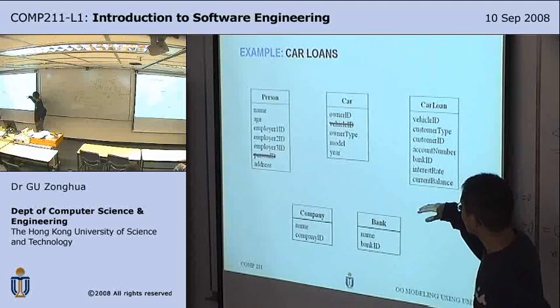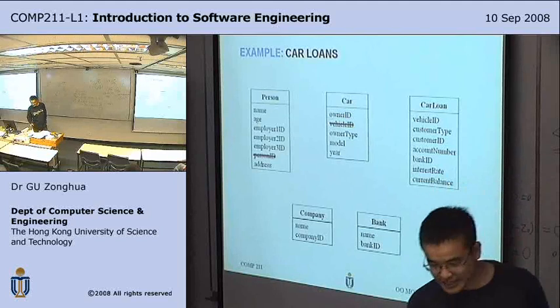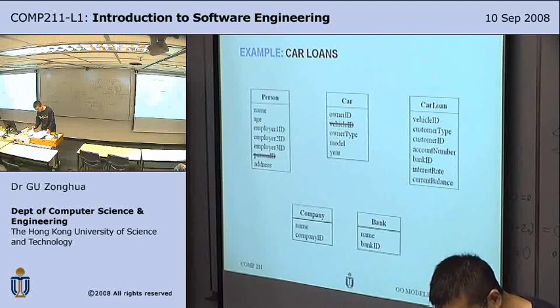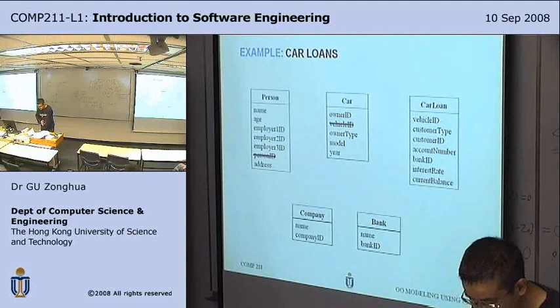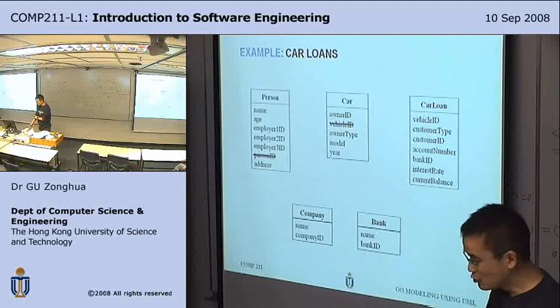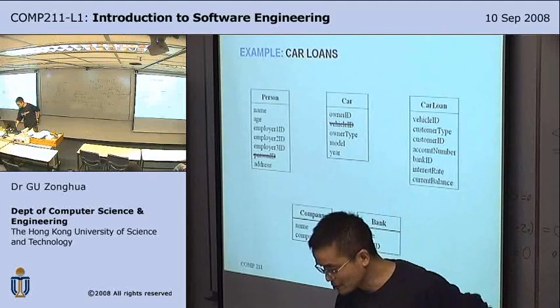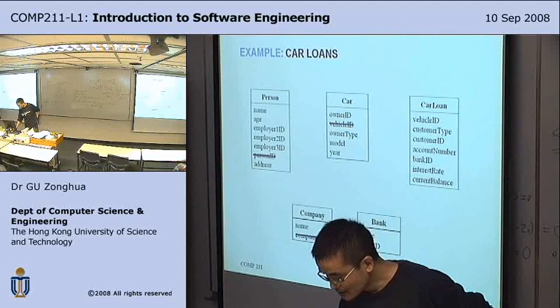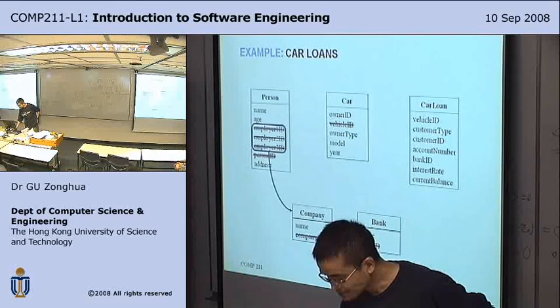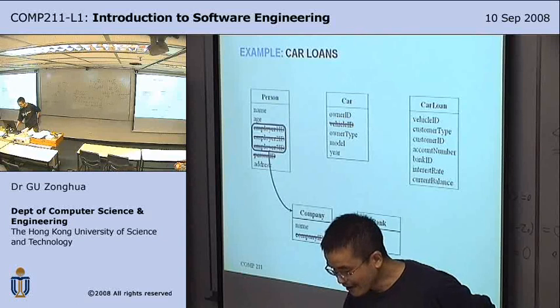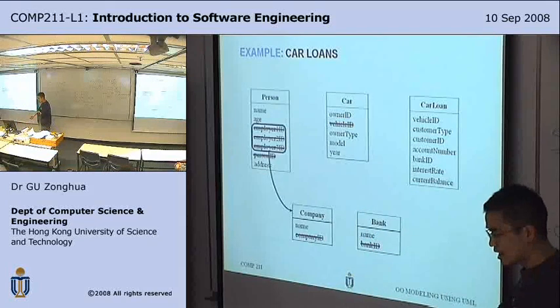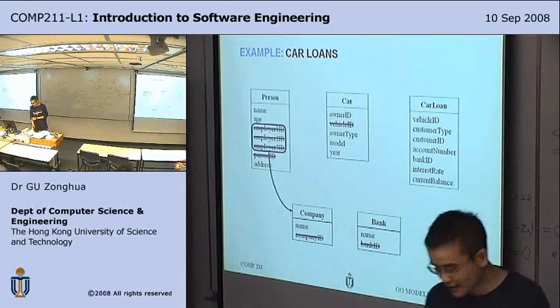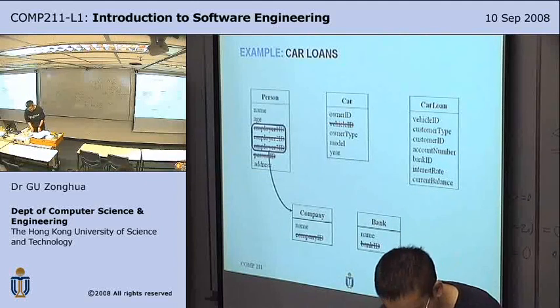We delete that, and we delete the vehicle ID of the car because it is an OID. It is not used for associations. Company ID is deleted. Bank ID. Now the employer IDs, they are deleted at the same time.